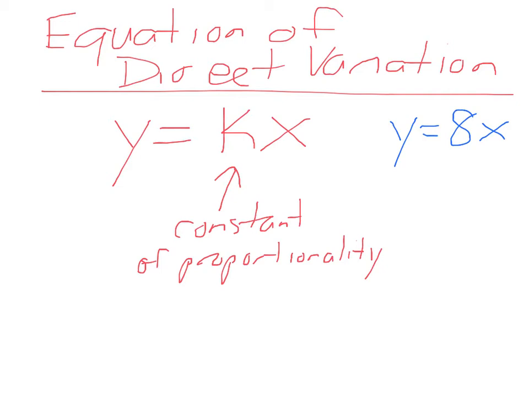Now, let's look at this particular topic. Let's talk about how to write equations, or how to find information based on the equation. So take a look at this question here.